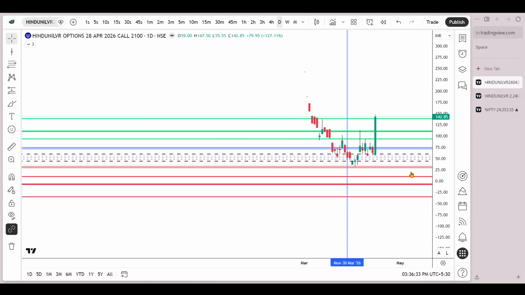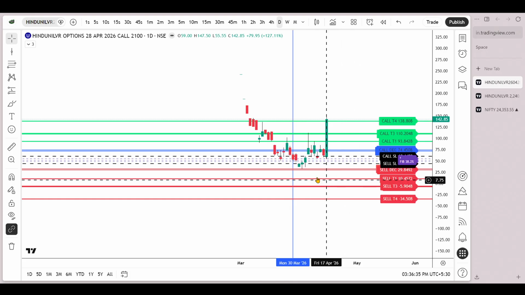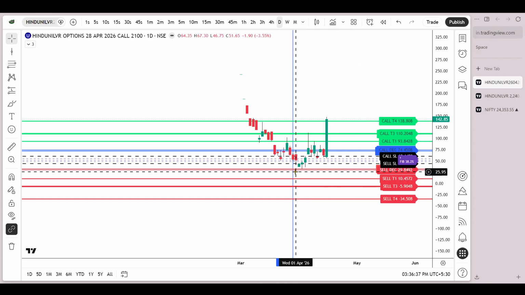Friends, it's very simple, no? But we need to identify it this way so that you can get a good profit. Otherwise, it's very difficult. Always remember, simple things will make big profit.